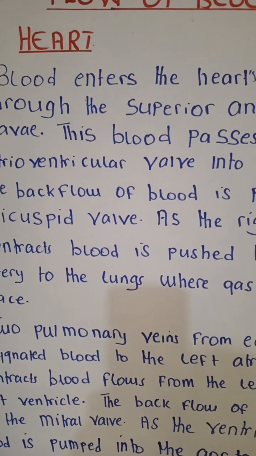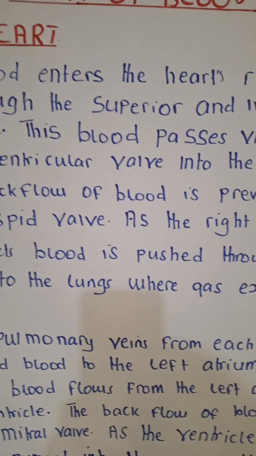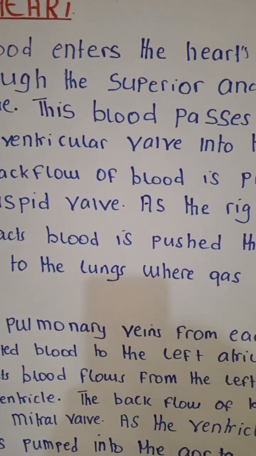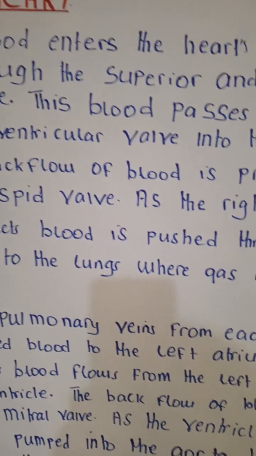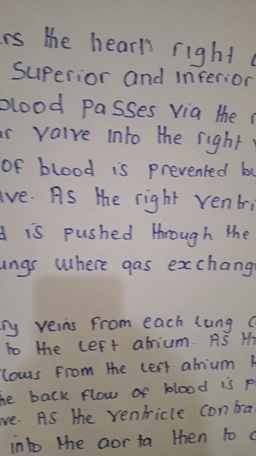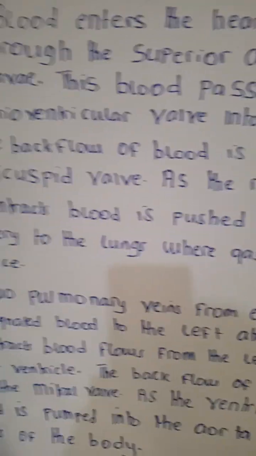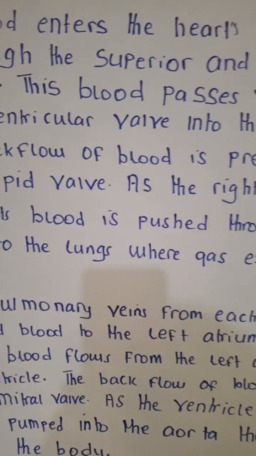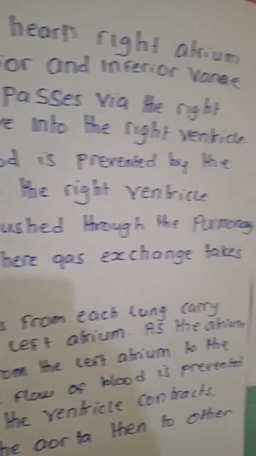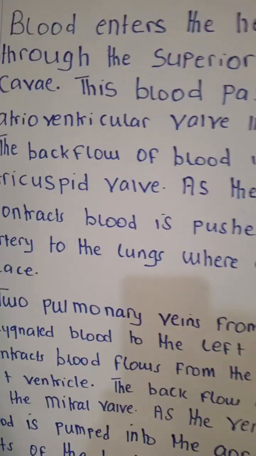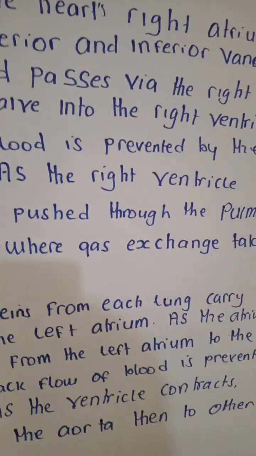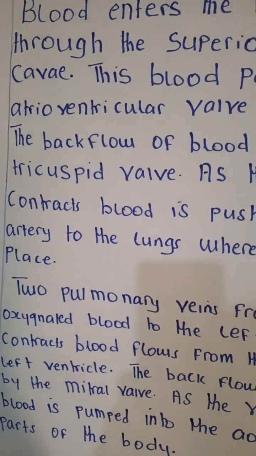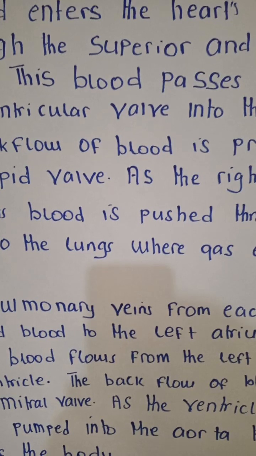Blood enters the heart's right atrium through the superior and inferior vena cava. This blood passes via the right atrioventricular valve into the right ventricle. The backflow of blood is prevented by the tricuspid valve.